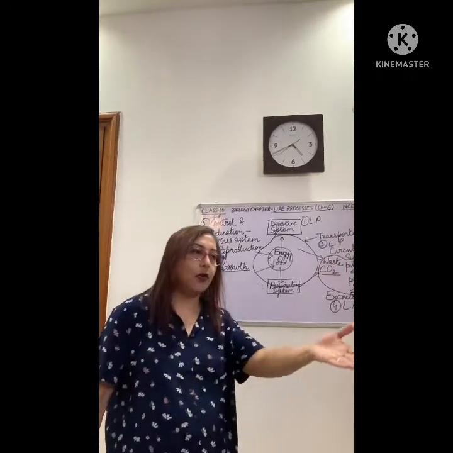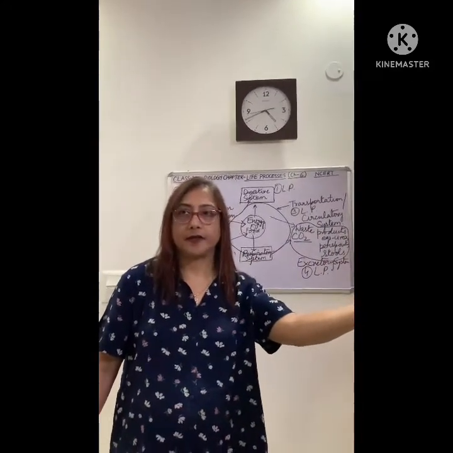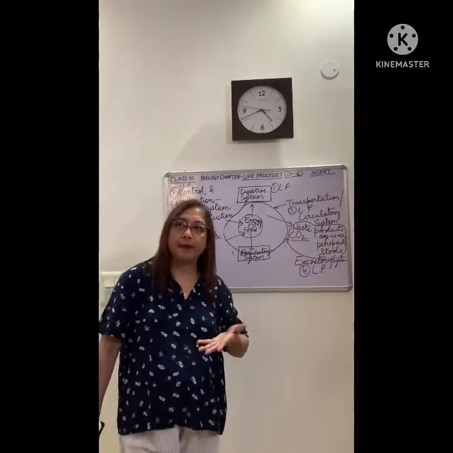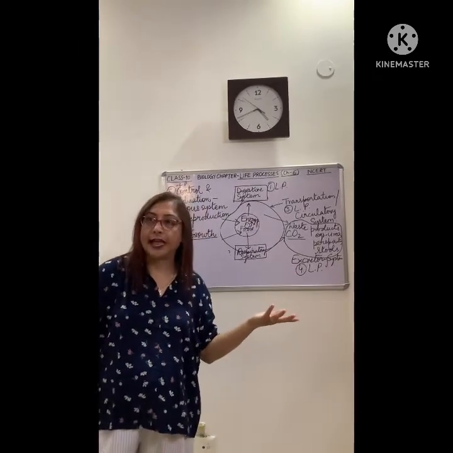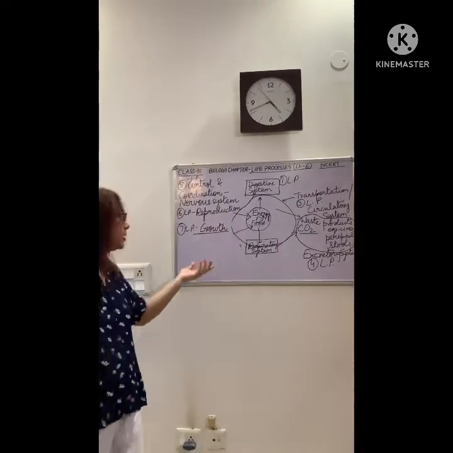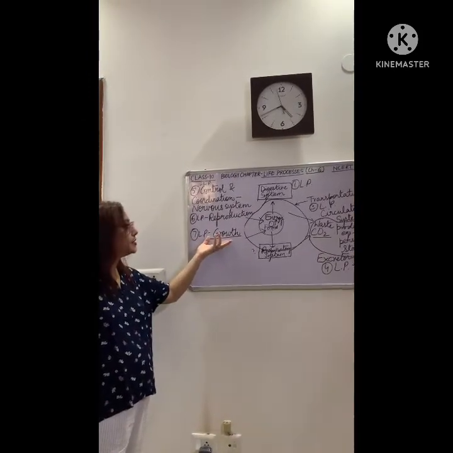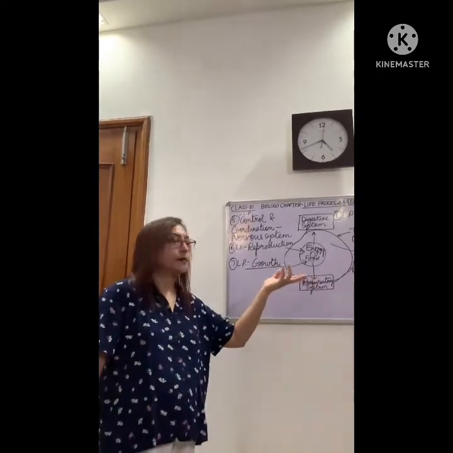If the plant is growing, we say it's a sign that it's alive. Humans grow from a baby to an adult. That's a sign of life. So growth is another life process which includes certain mechanisms.